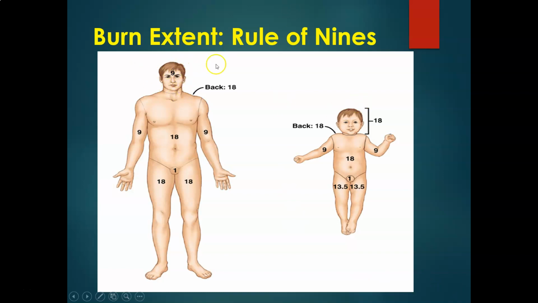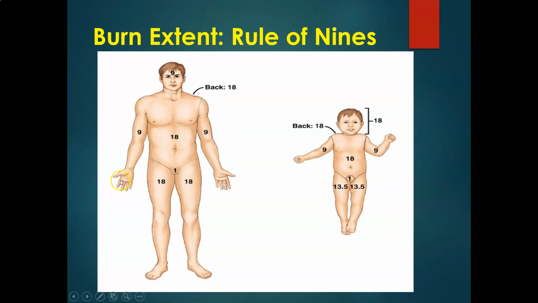So for an adult client who has burns in the head, I'm talking about the whole head because percentage determination for anterior or posterior is also different. So since we're talking about this, this is 9. That's for your face. Your back is 18. And then your whole thoracic area is actually 18, whether it's upper or lower torso.